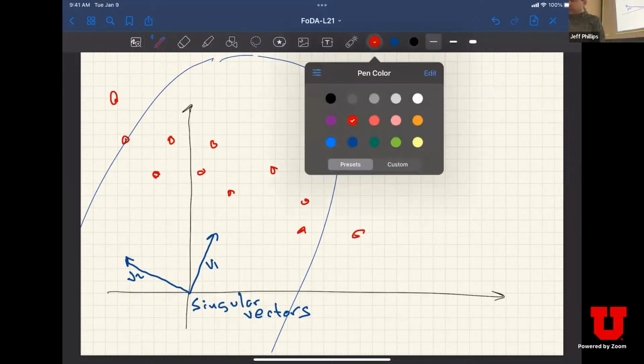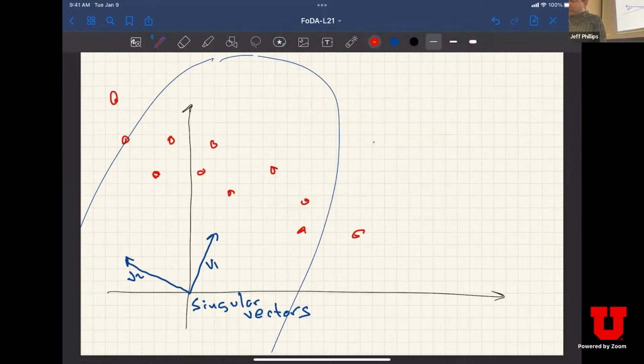What I would like to do instead is to put vectors that kind of go through the center of the data. Let's call these V1 prime and V2 prime, which are going to be centered in the middle of the data.